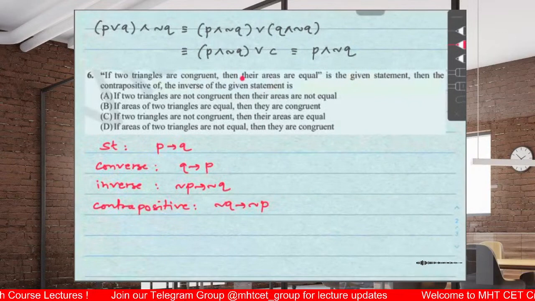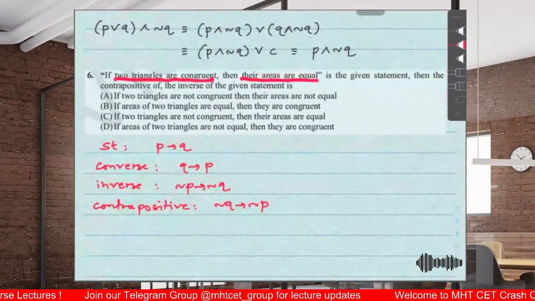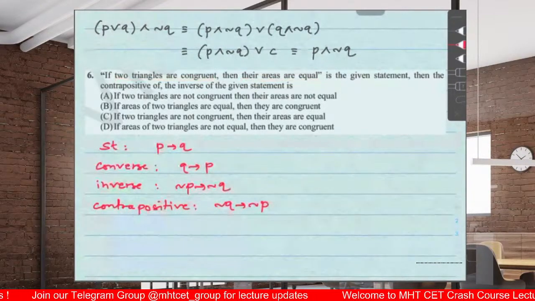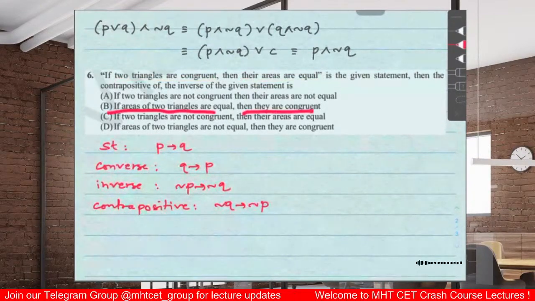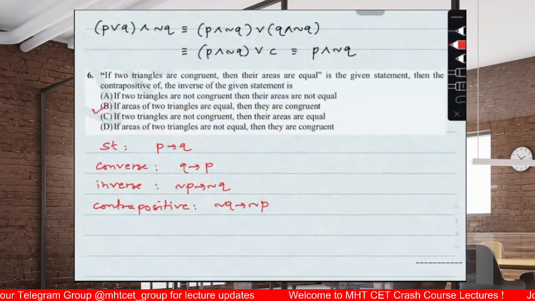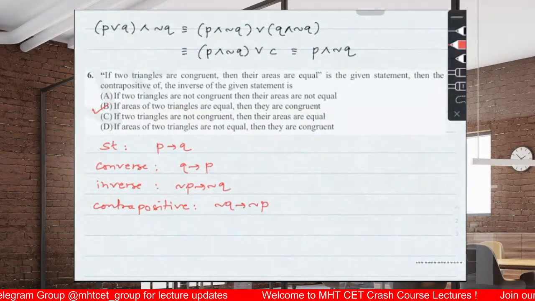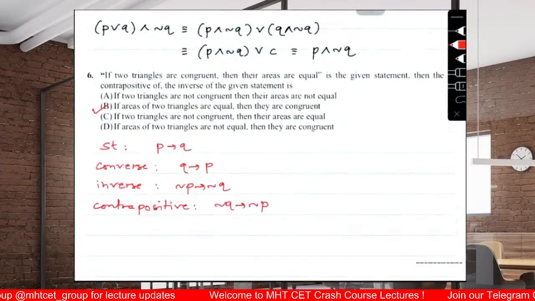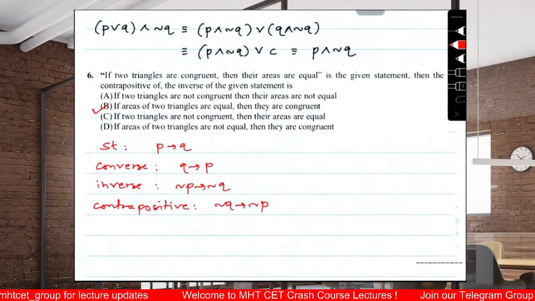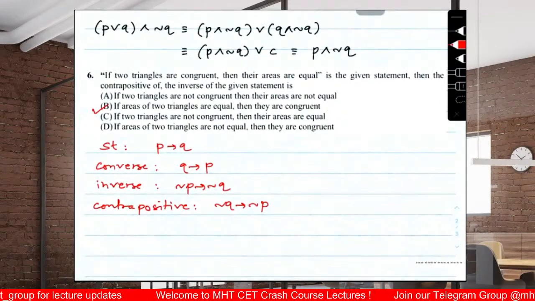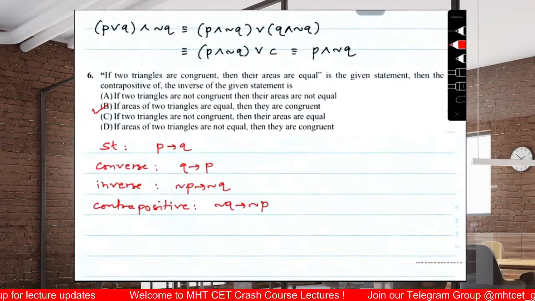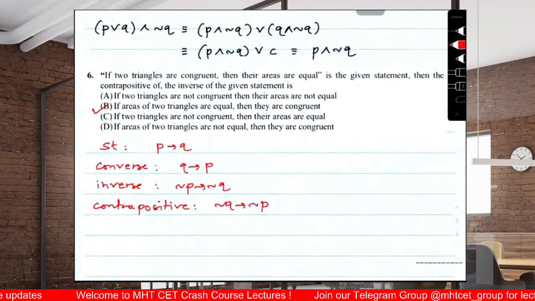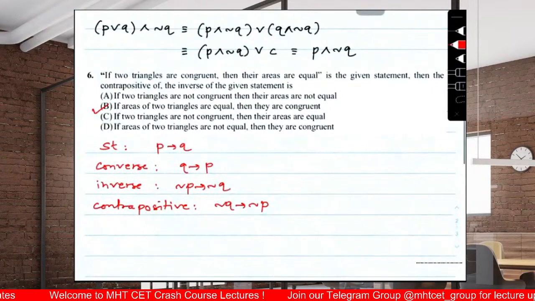Q implies P मतलब areas are equal, then the triangles are congruent. Option B, right? Is this clear? Next.